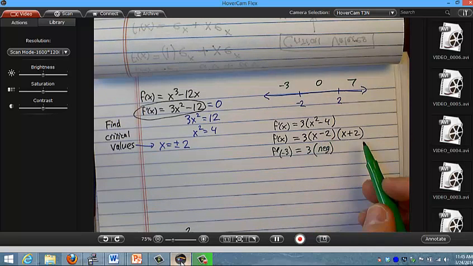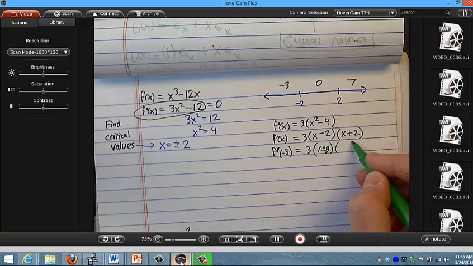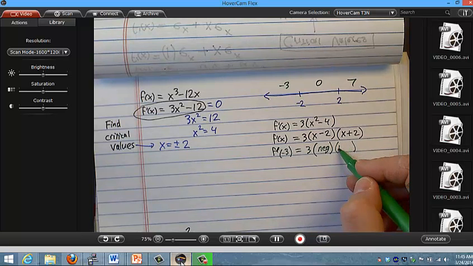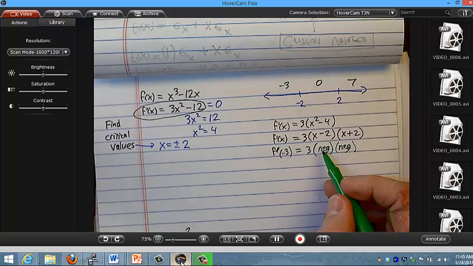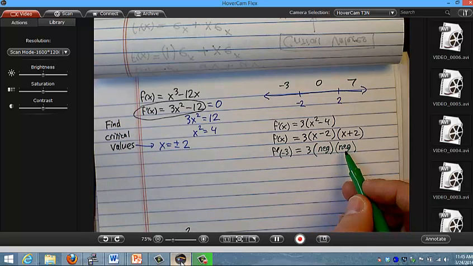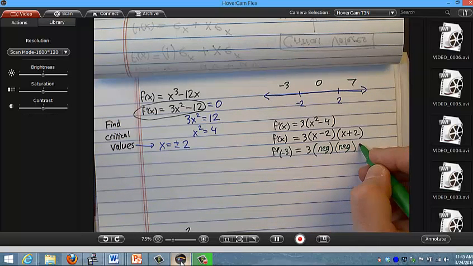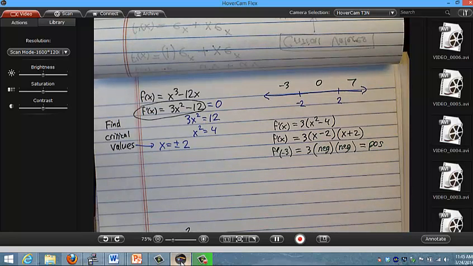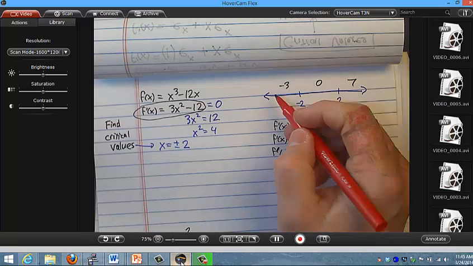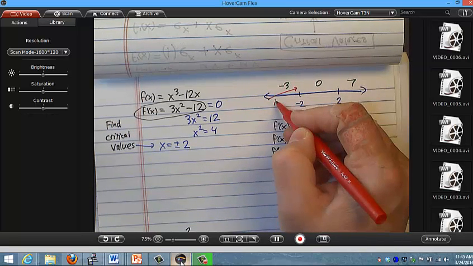What about -3 plus 2? Is that going to be negative or positive? So I have 3 times a negative number times another negative number. So is it going to be negative or positive? Positive. Because 2 negatives makes a positive, right? So you know what I just learned? I learned that this function is increasing here.